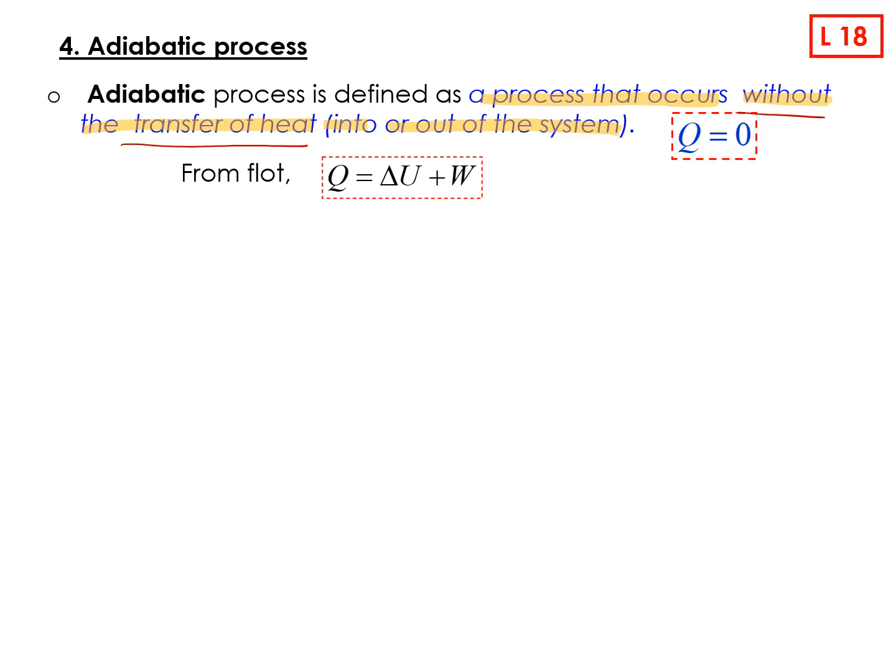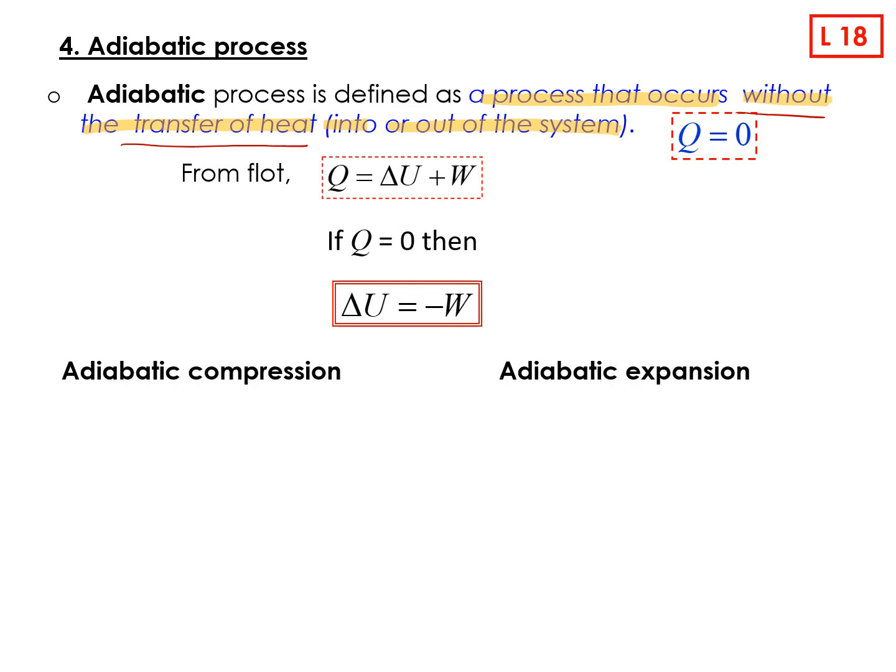From the first law of thermodynamics equation, Q = ΔU + W, since Q is equal to 0, we get our equation ΔU = negative W. The adiabatic process can also be divided into two types, which are adiabatic compression and adiabatic expansion.